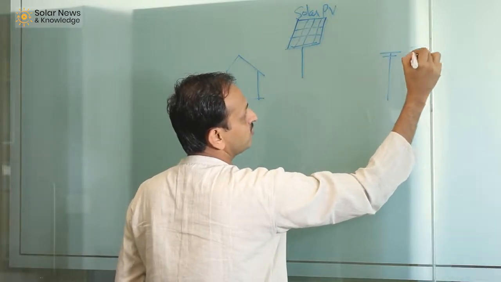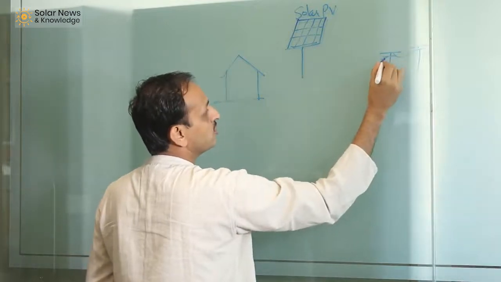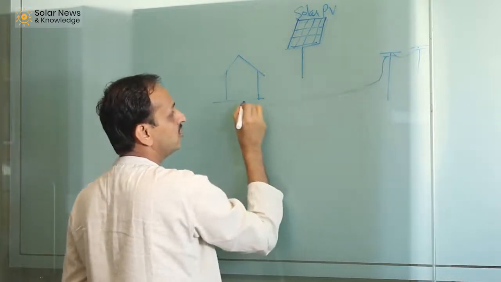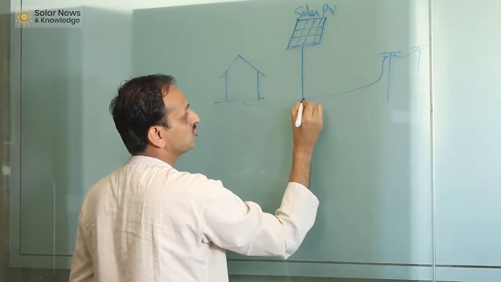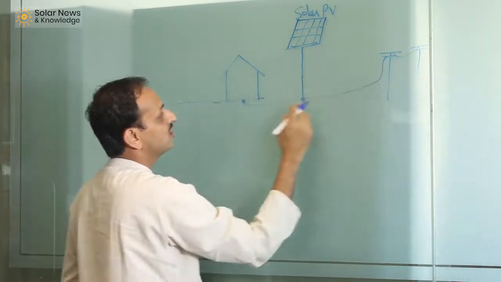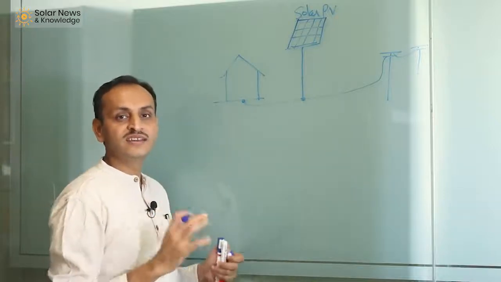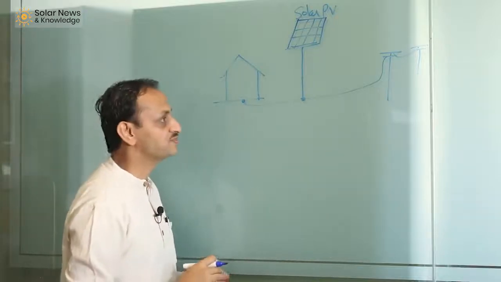So power is coming here and here. The solar system is connected here, and the grid is supplying the power to the home. So this is how your typical grid connected system looks.